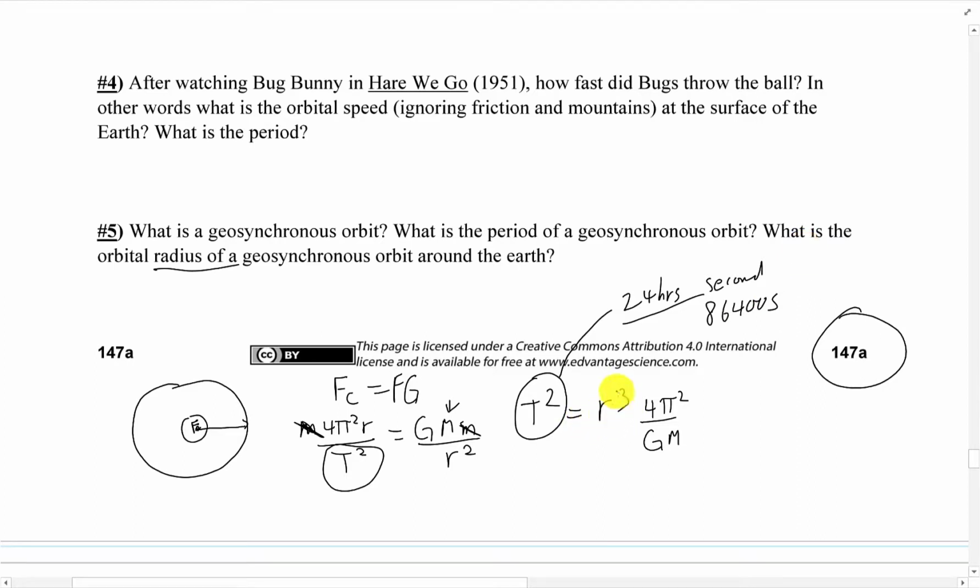And then we have to solve for r. How do you do a cube root on a calculator? When you solve for r, you're going to get r cubed is equal to T squared GM over 4 pi squared. You'll use the G that we talked about and the M for the mass of the Earth, and T squared, so 86,400 squared. But how do you do the cube root?